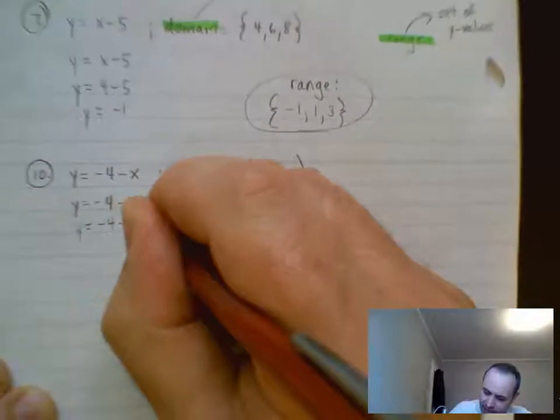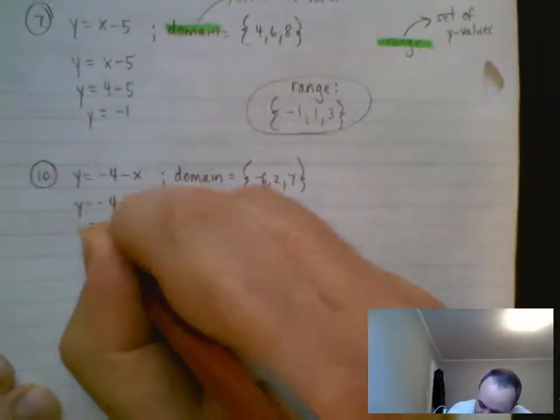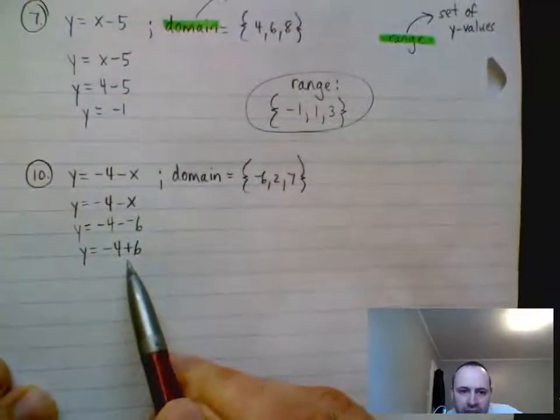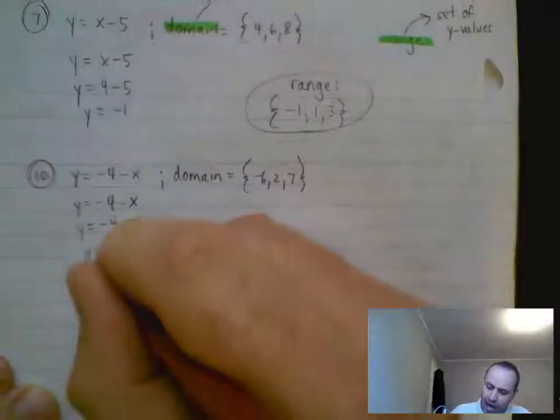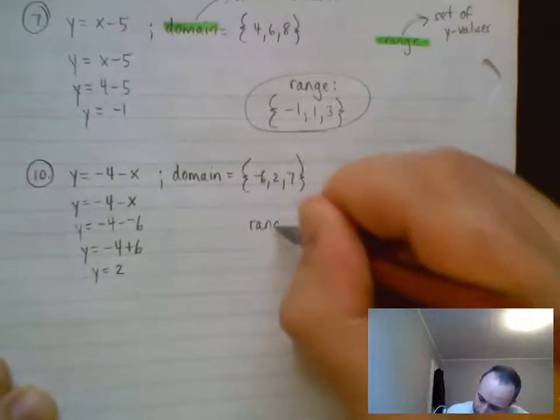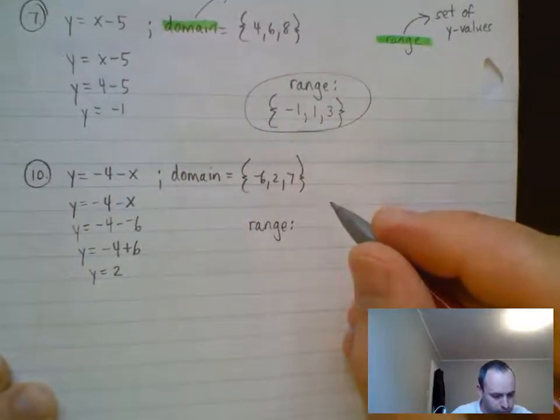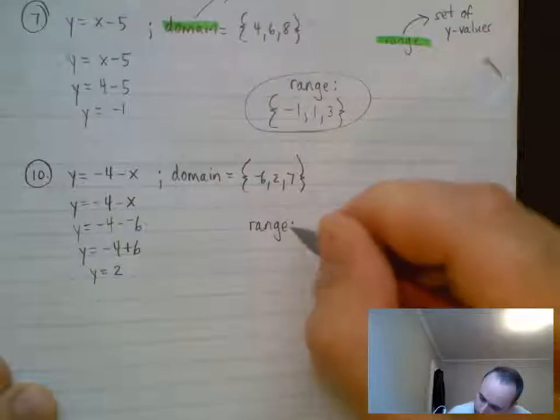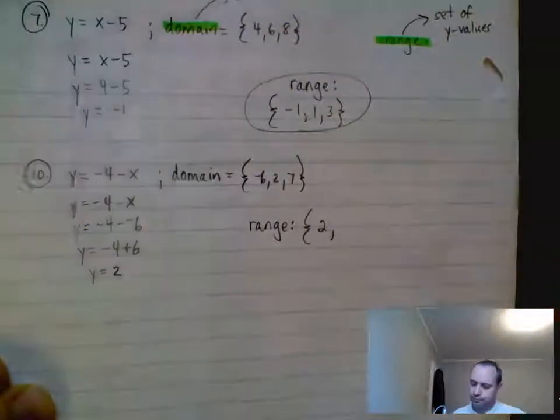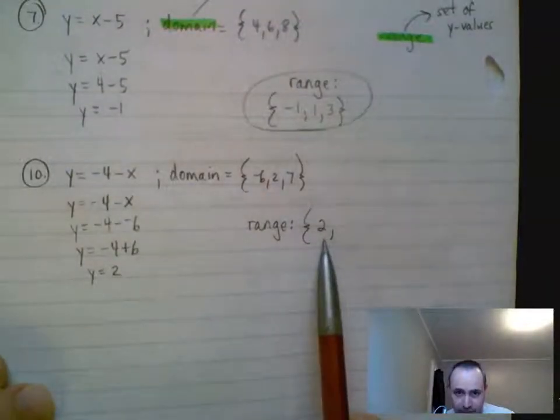So it's like minus -6. So those two minuses will turn to a plus, right? And y would equal 2. So our range for this one would be 2. When x is -6, y would be 2.